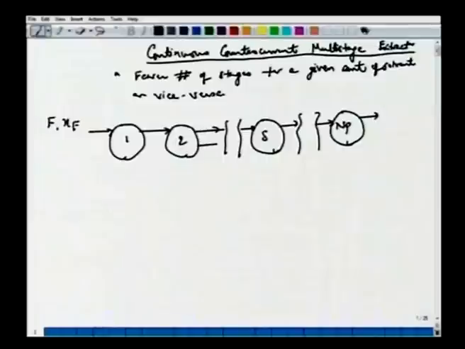So the raffinate leaves with the molar flow rate RNP with the composition XNP. So we have the feed enters here. So in continuous countercurrent, we have the solvent entering from the other end. Say the mole fraction of the solute is very small. Let's say it's YS. So we have this type of situation, and then the solvent or extract phase leaves at the stage 1. So we have E1, Y1.